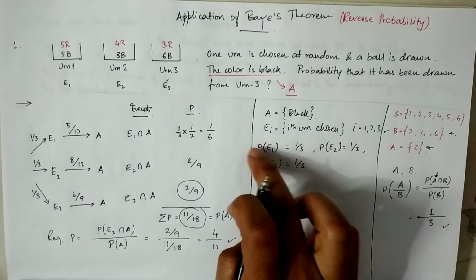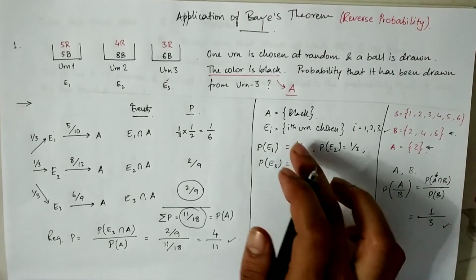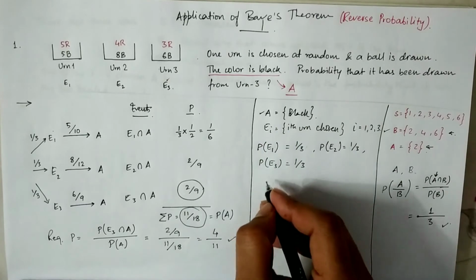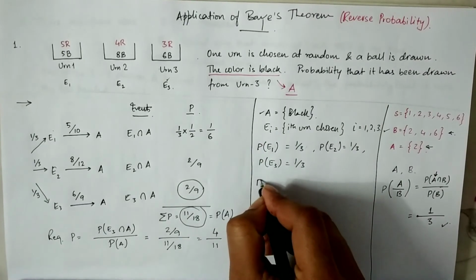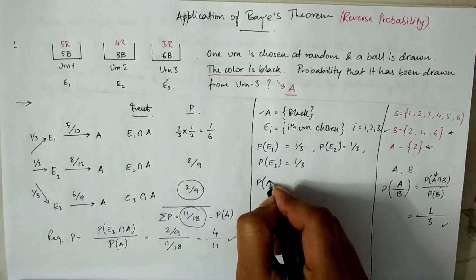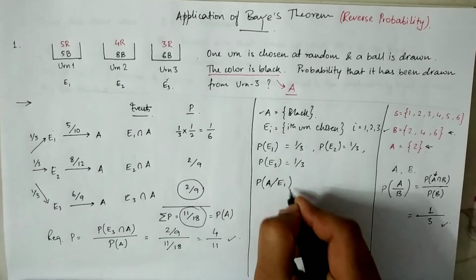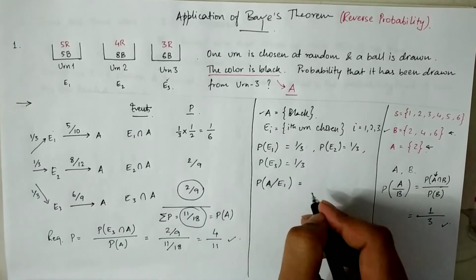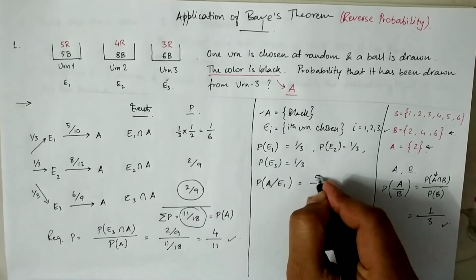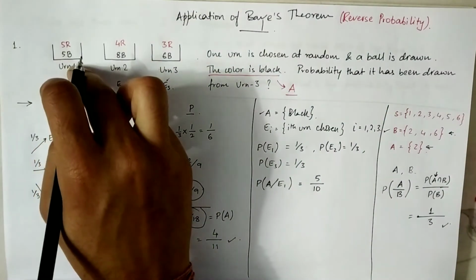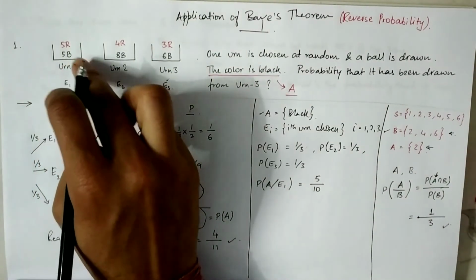Now, after choosing the first urn, what is the probability of getting a black ball? Since the event is indicated by A, I will find the probability of choosing a black ball given that the first urn has been chosen. It will be given by 5 upon 10, as we saw over here, that there are 5 black balls and 5 red balls.